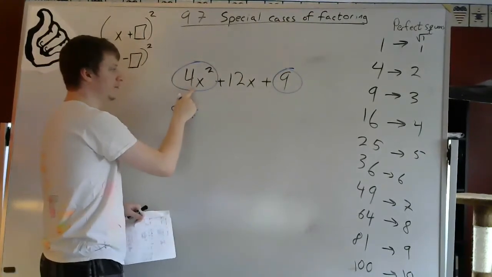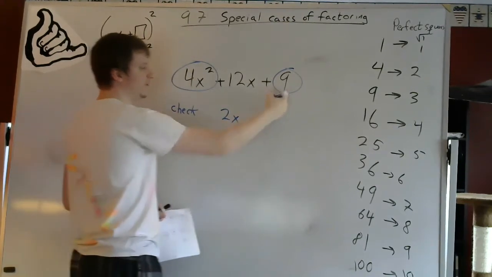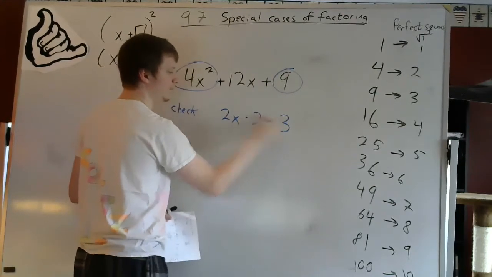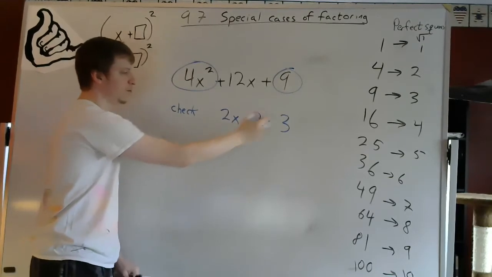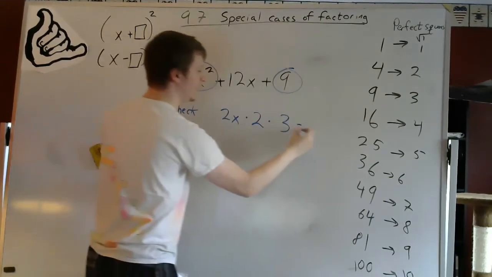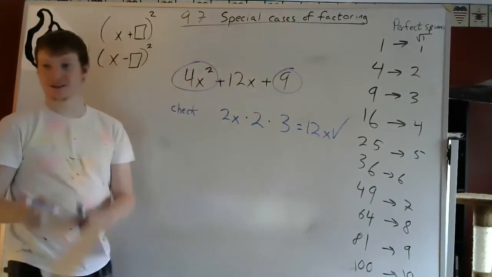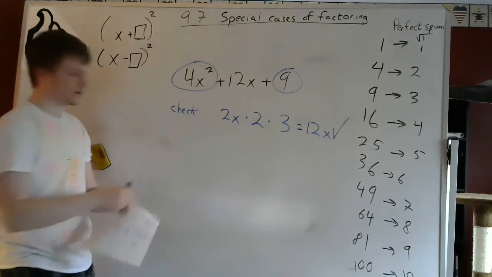The square root of 4x squared is 2x. The square root of 9 is 3. Double stuff the Oreo. 2 times 2 is 4, times 3 is 12, so here I get 12x. Good. It worked. If the check works, then we go straight to the answer.